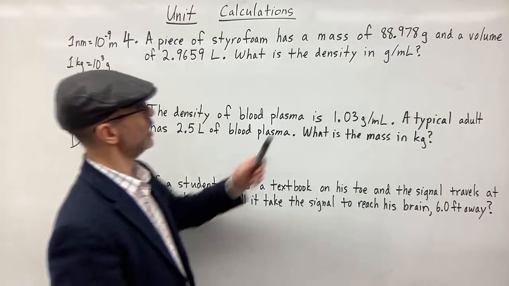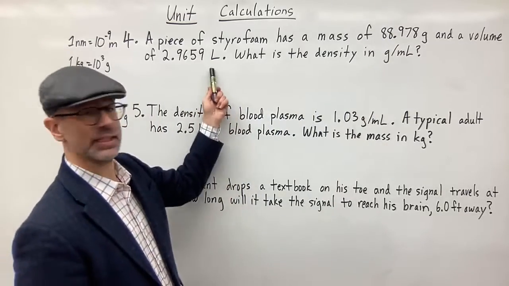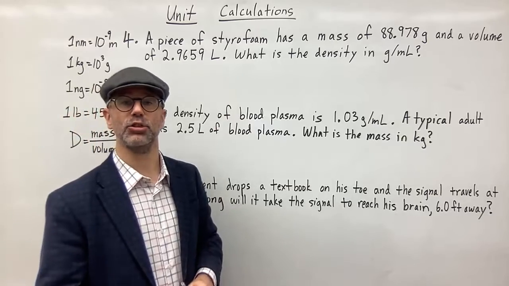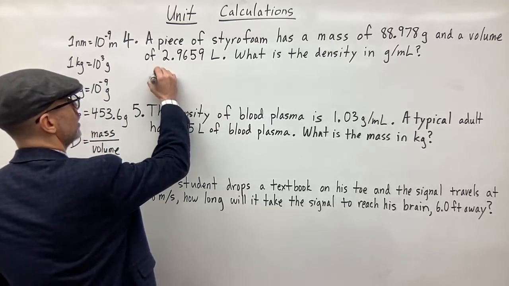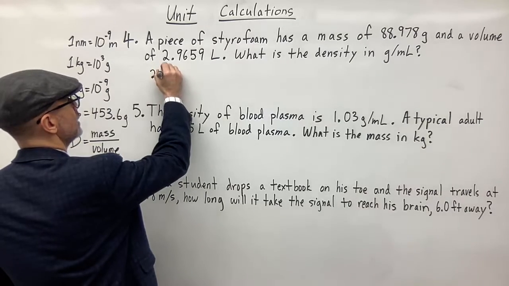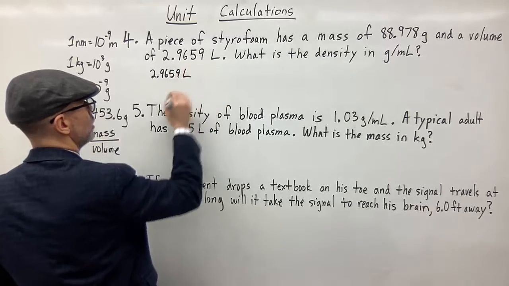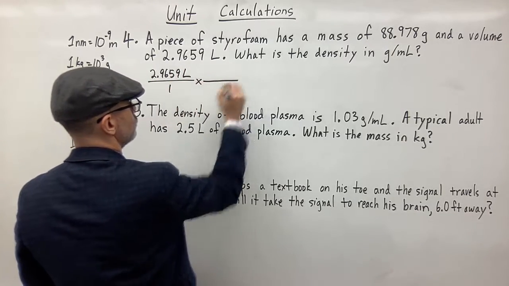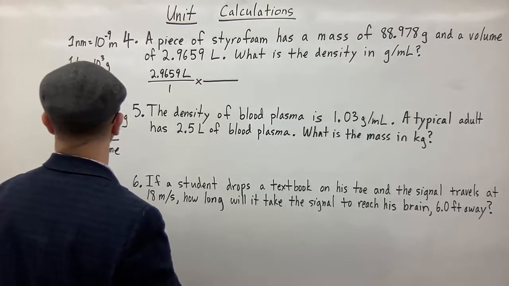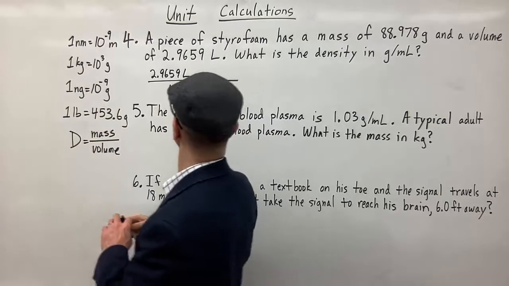So they give us grams, but here they give us liters. We need to convert that to milliliters, so we need to do that first. So we're going to take 2.9659 liters over 1, and we're going to use a conversion factor to convert that to milliliters.